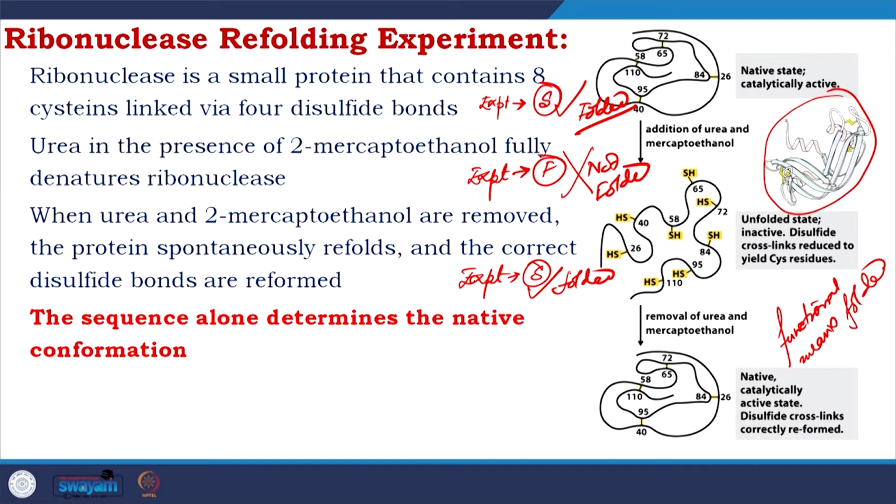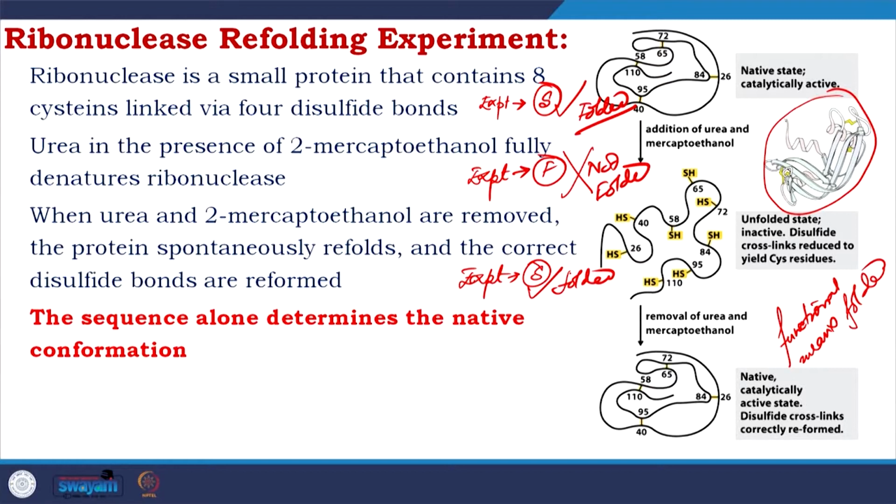So, from there what he is saying is, see, I had taken the protein from biology, but I have denatured it and then I removed the agents, and when I remove them the protein renatures by itself. That is the key of this experiment.